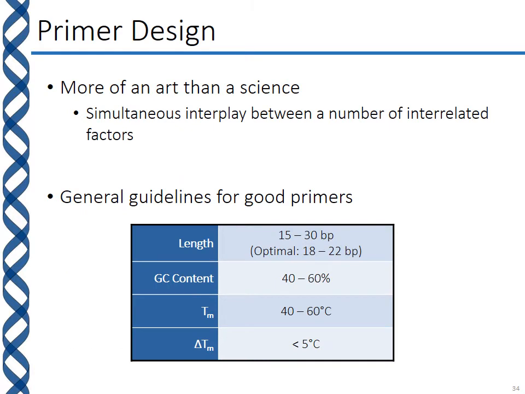That last slide probably made it seem as though it was going to be a cut and dry, straightforward process. That is to some degree true, but unfortunately I have found that primer design is much more of an art than a science. The reason is that there are a huge number of factors. They're not entirely independent, and so they're interrelated with each other, and you're trying to juggle all four of these particular factors and some additional ones all at the same time.